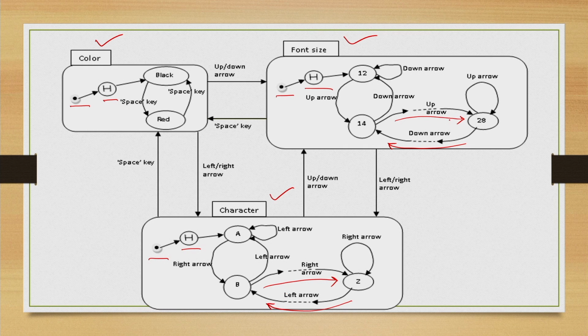Here we have used it to simplify the depiction of a large chain of transitions for font size as well as the character. Since we have used the dotted line, it also indirectly indicates that things are still not manageable, and we can still go for improvement. So, possibly we may go for some further hierarchy in this case.